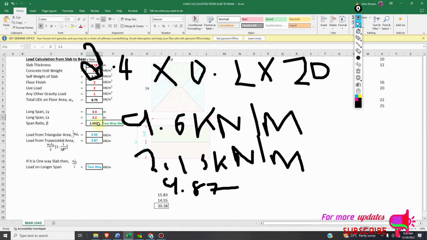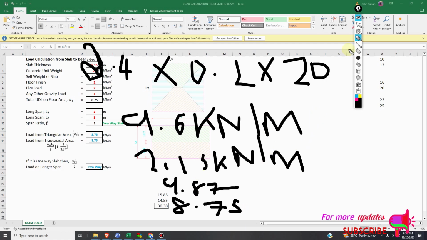So just the 3, again 3, so it will be 8.75. Those are just those two slabs.